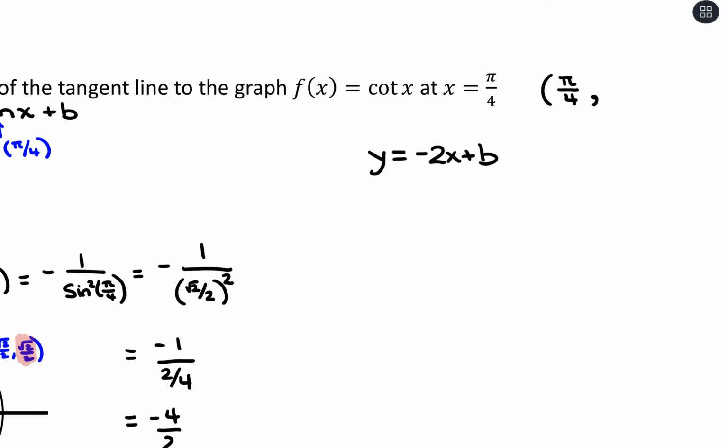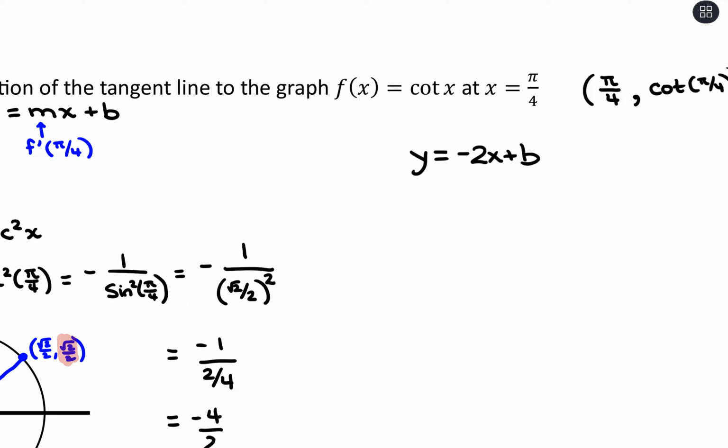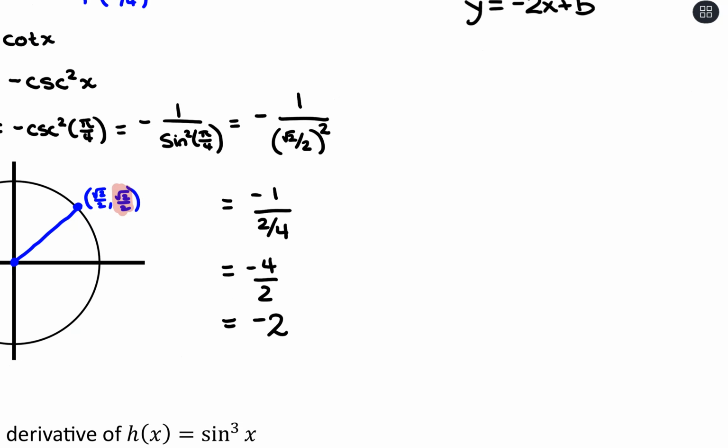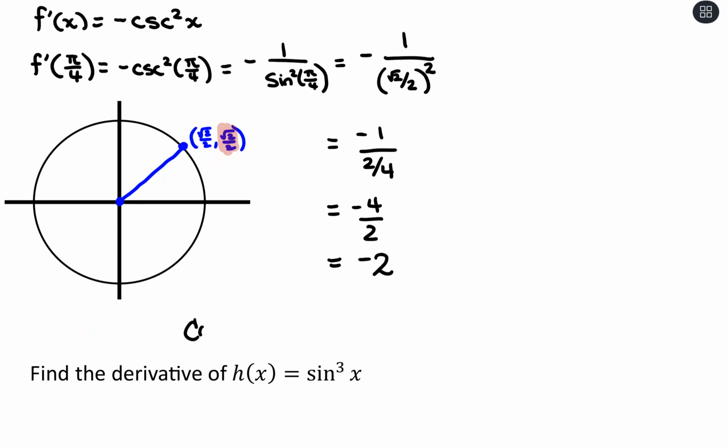We need our y coordinate, which is going to come from evaluating cotangent of pi over 4. So if tangent is sine over cosine, then cotangent is cosine over sine.